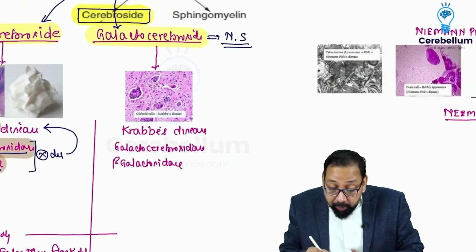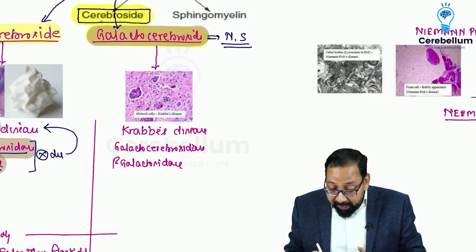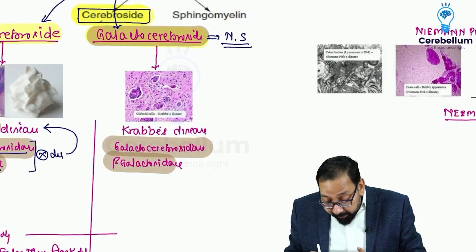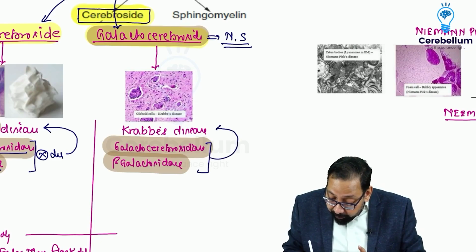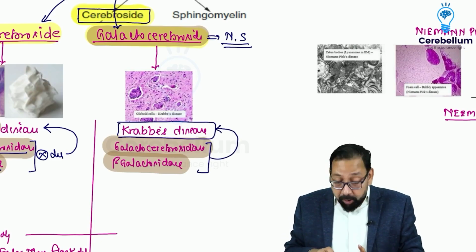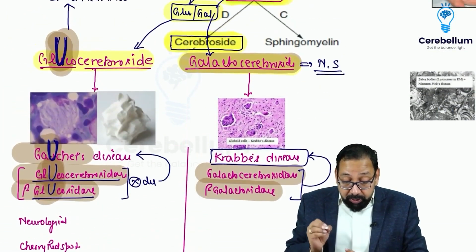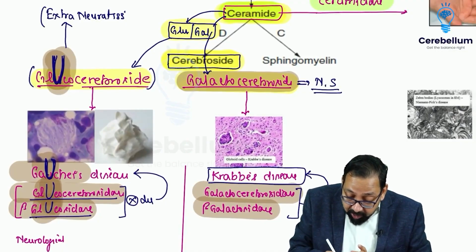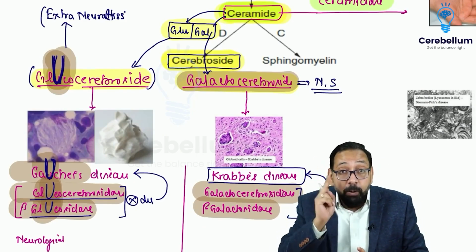If galactocerebroside is there, it is metabolized by galactocerebrosidase, or another name is beta galactosidase. If this enzyme is deficient, then it leads to Krabbe's disease. Now, we found that in Gaucher disease, this glucocerebroside will accumulate in extraneural tissue. Means the nervous system will not be affected.